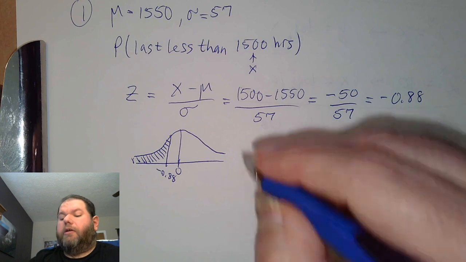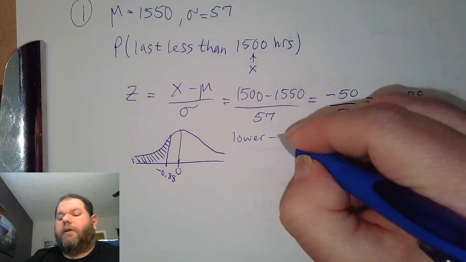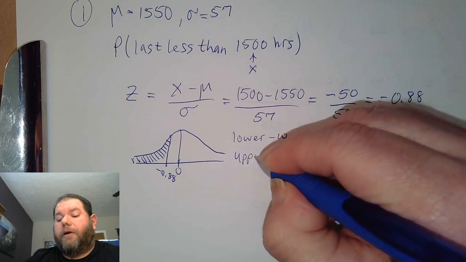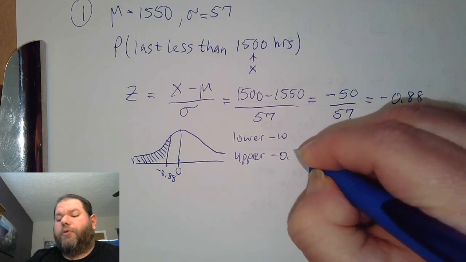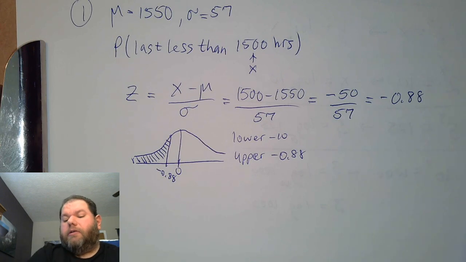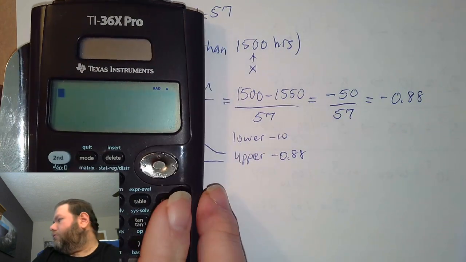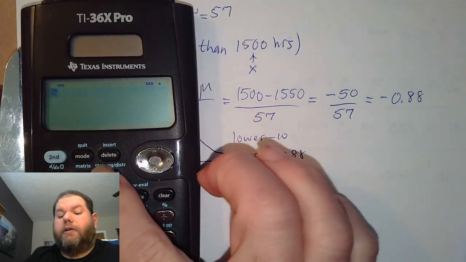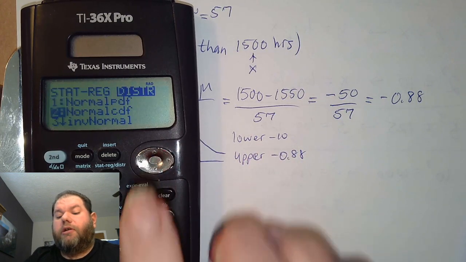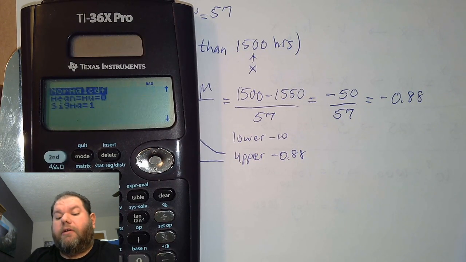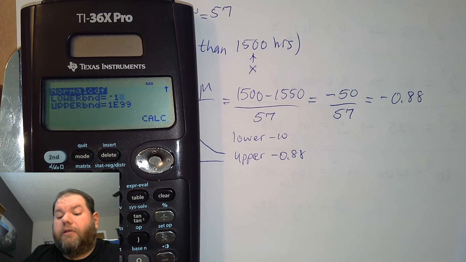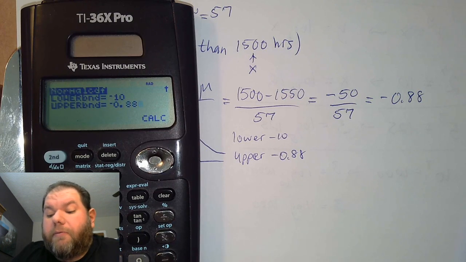And so our lower boundary is negative 10. Our upper boundary is negative 0.88. From there, in our calculator, second, distribution, down to normal CDF, 0 and 1 for the mean and standard deviation once we standardize it, and then negative 10 for the lower bound, and negative 0.88 for the upper bound.